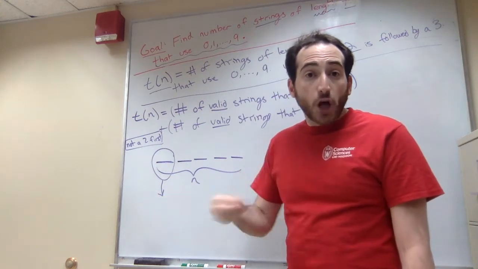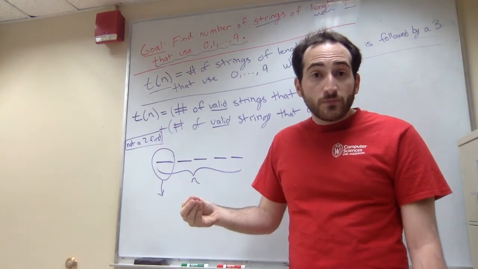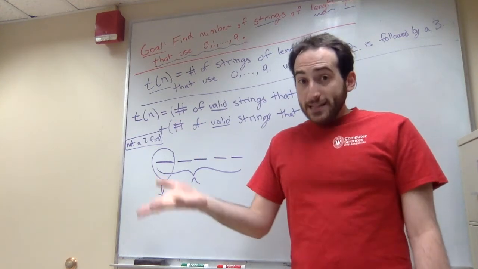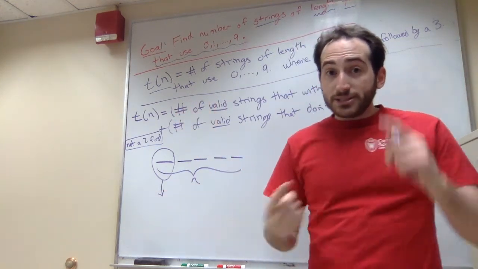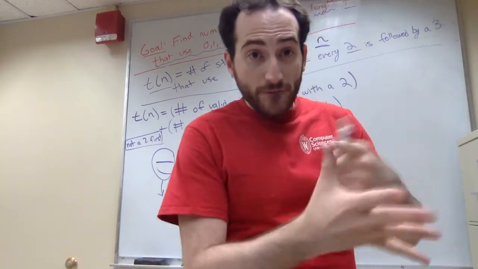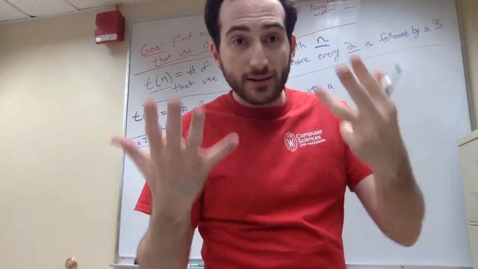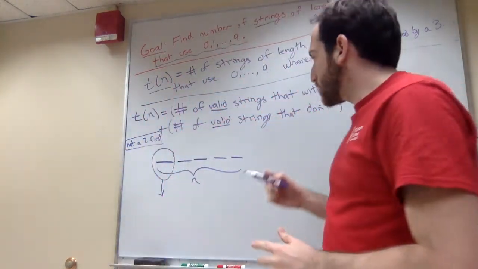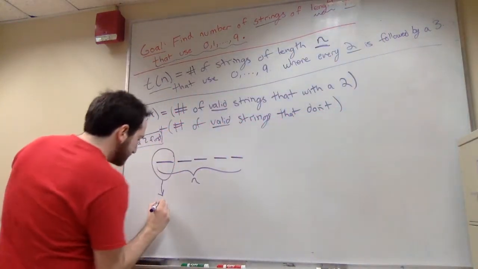How many first digits are there that aren't a 2? There are 9, because it could be 0, 1, 3, 4, 5, 6, 7, 8, 9. So there are 9 possibilities for this first spot.